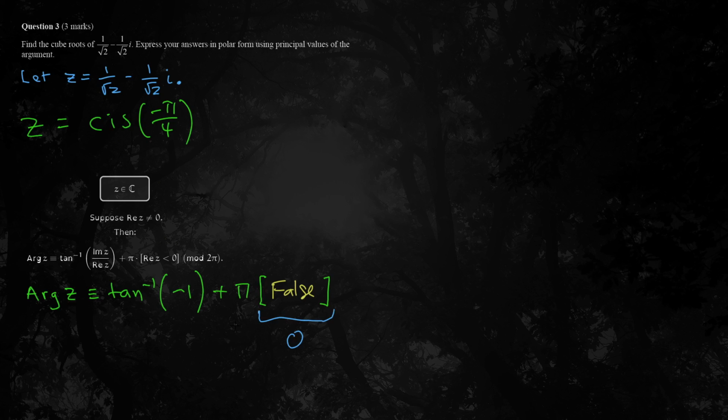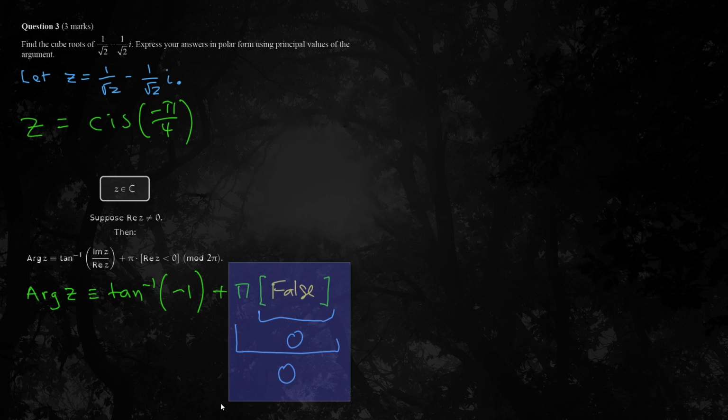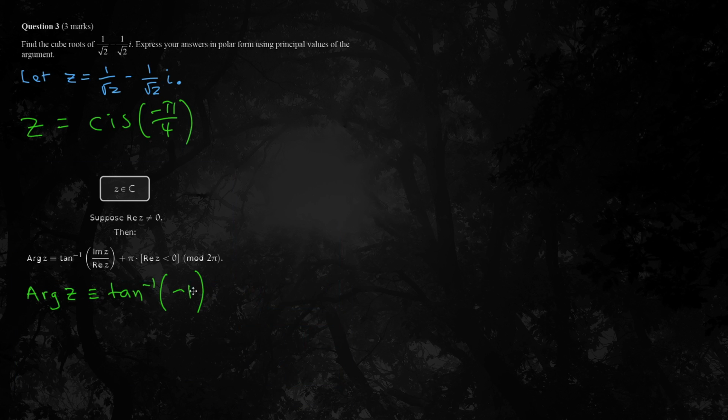And because pi times 0 is 0, therefore we're adding 0, therefore we actually don't need any of this, because this part is irrelevant. Then we just write modulo 2 pi to remind ourselves that we might have to add or subtract 2 pi to get the principal argument.